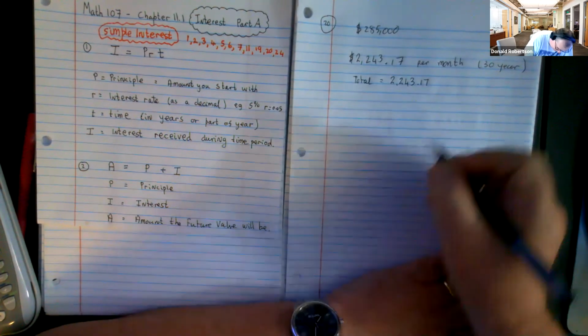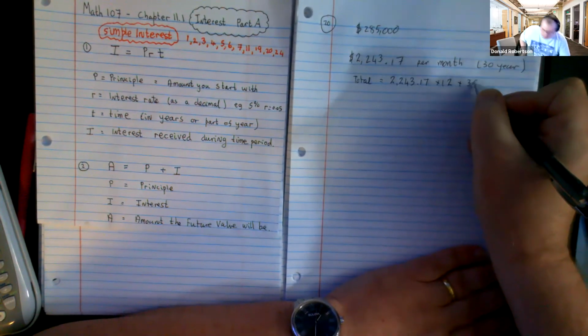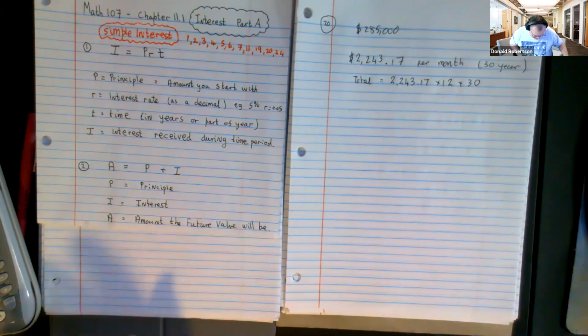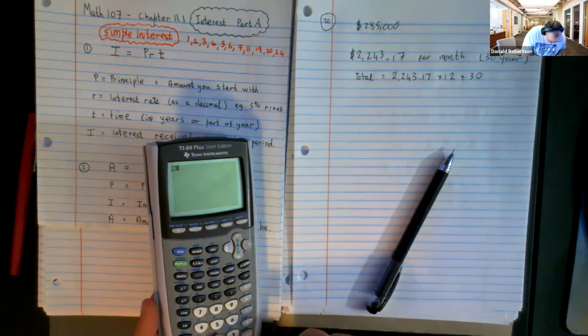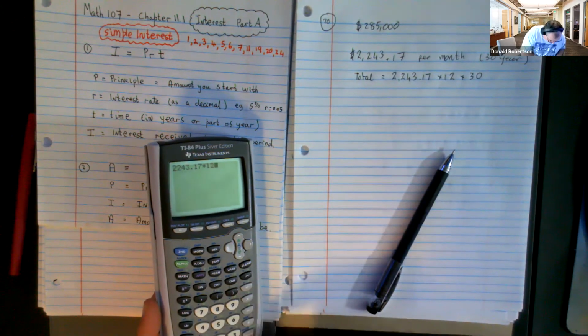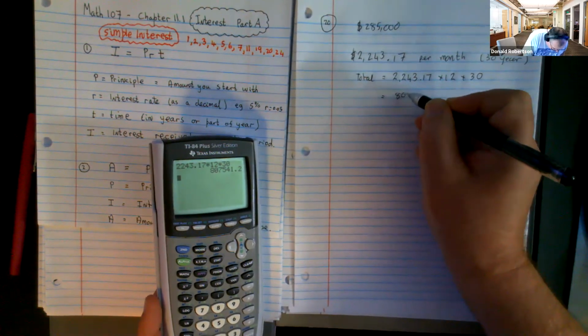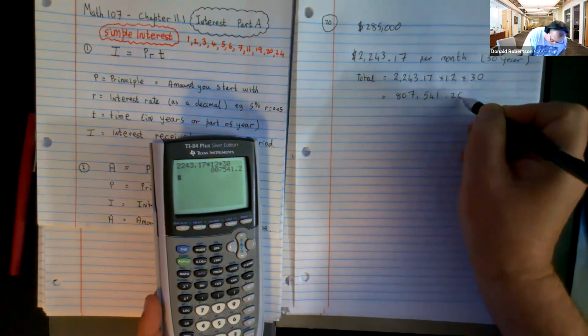$2,243.17, 12 monthly payments over a 30-year period. Does that make sense that that's the total amount of money you end up paying? Here we go. $2,243.17 times 12 times 30 is $807,541.20.